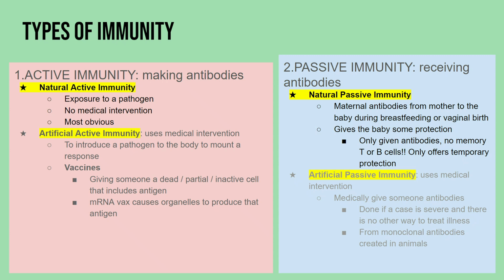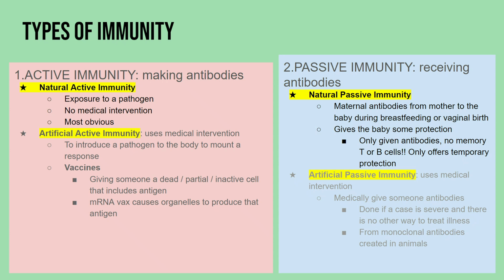So natural active immunity is you're exposed to a pathogen, you're exposed to someone with a cold, and then your body mounts a response and makes antibodies. So that's natural active immunity. You're making antibodies and you're naturally being exposed to the pathogen.